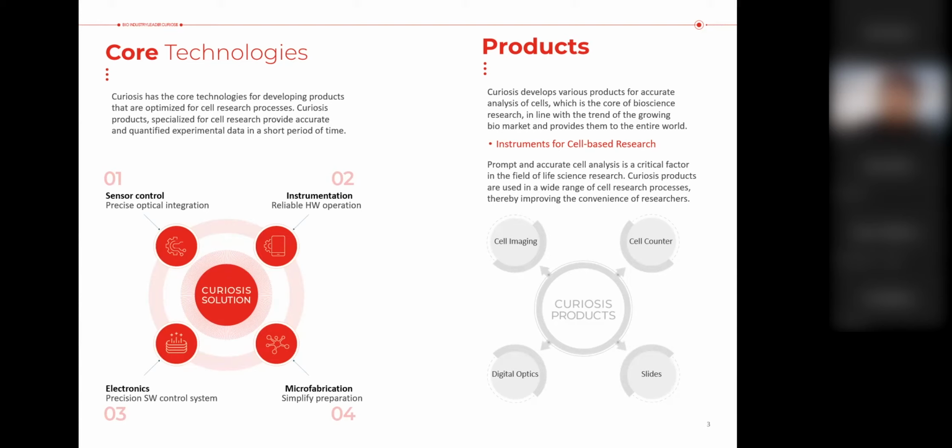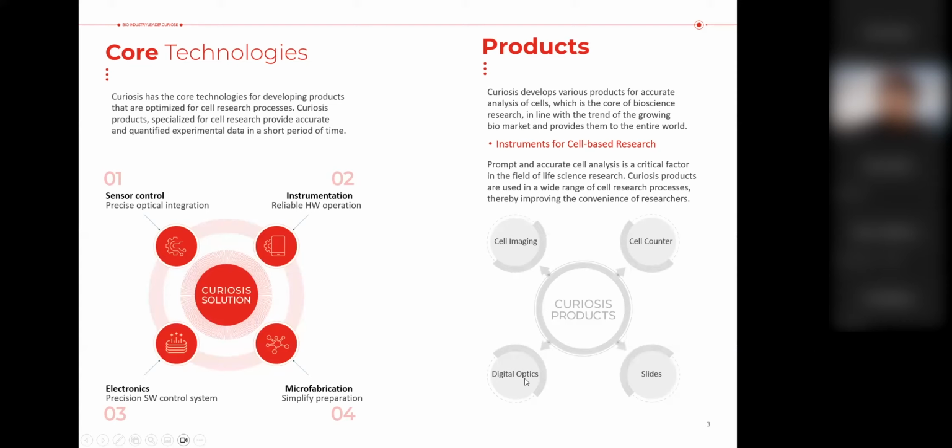For the software as well, we develop our own software from scratch. We don't source any platform or other software technologies. We make everything here at Curiosis. For products, when you think of Curiosis, I want you to think about 3 different categories: cell imaging, cell counters, and sites.